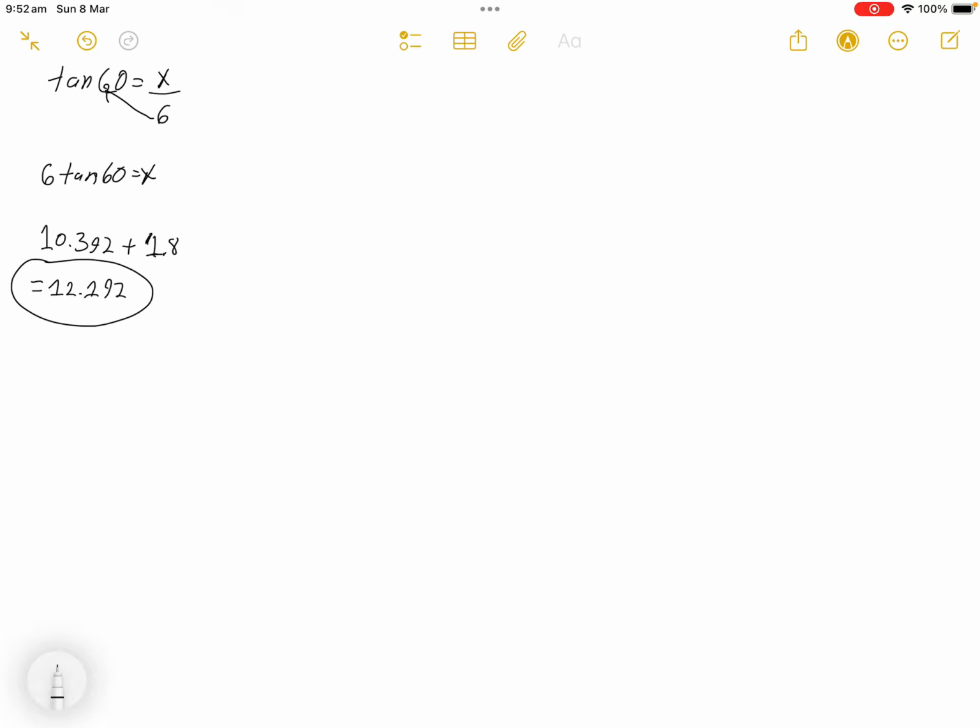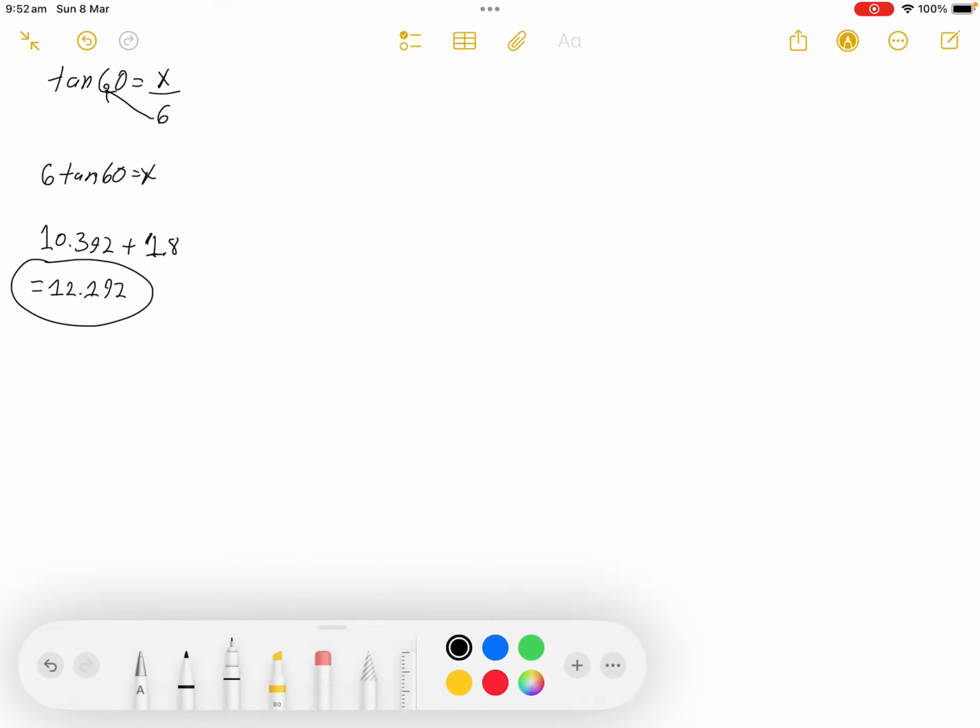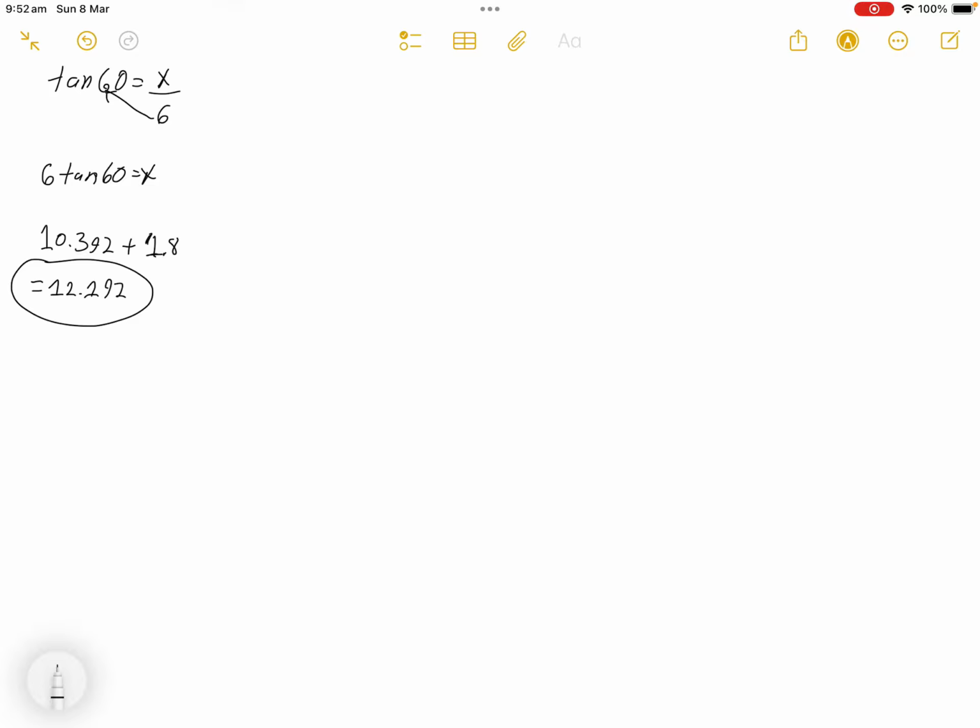Let's move on to an example that involves cosine. Let's say that a boy is 500 meters away from the ball.